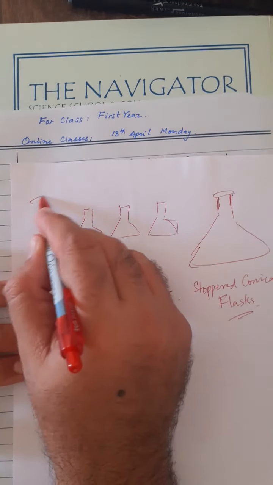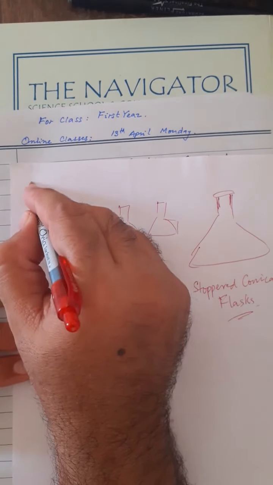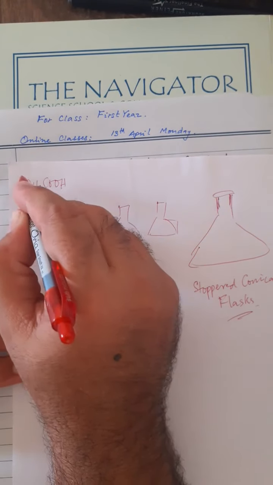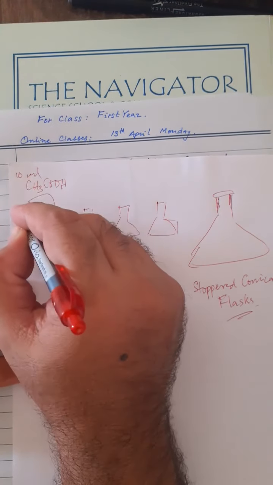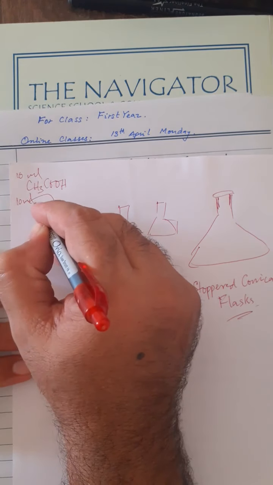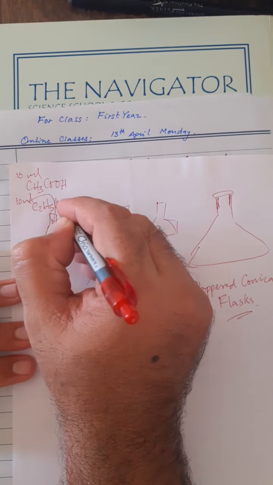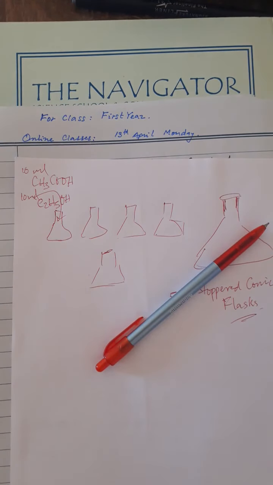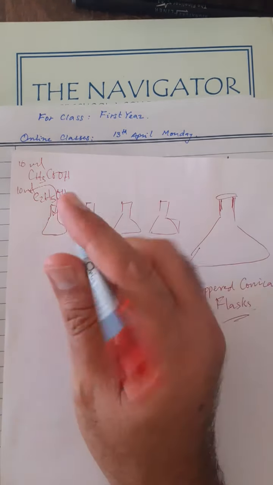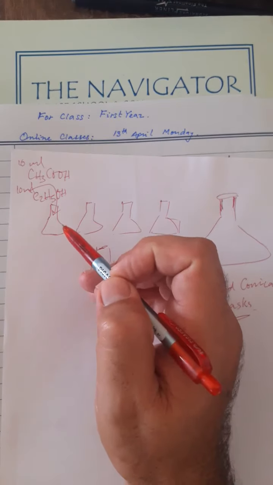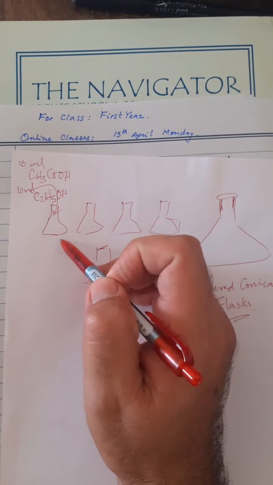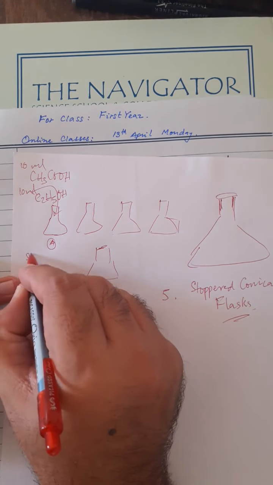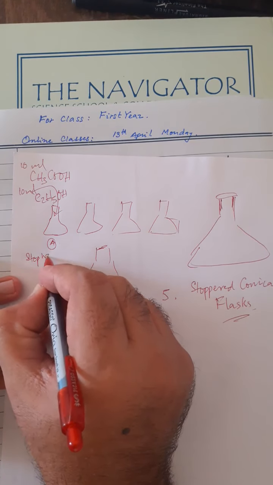Now we will add 10 ml of acetic acid and 10 ml of ethyl alcohol. So we add 10 ml of acetic acid and ethyl alcohol into flask A. And we start a stopwatch.